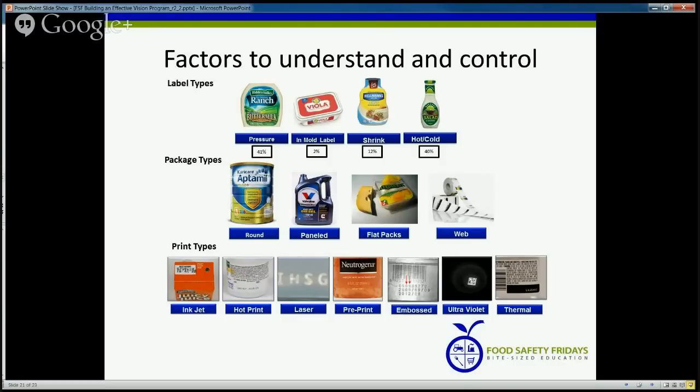Is it a round product? Is it some kind of a flat-sided product that's freestanding? Is it a flat package, or is it on a web? And then finally the print types here. Inkjet, hot print, laser, preprint, embossed, ultraviolet, or thermal. This will all impact what type of vision system is deployed and what tools within that vision system are chosen.